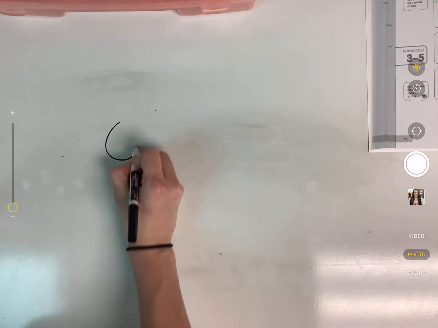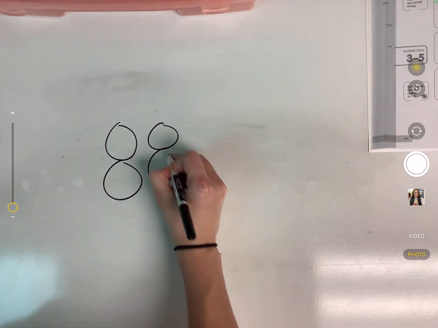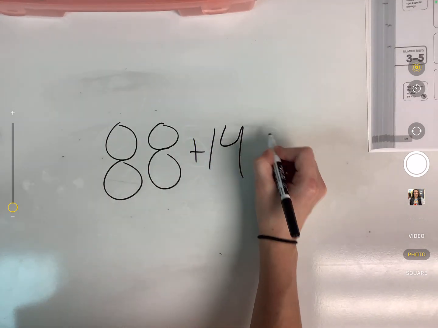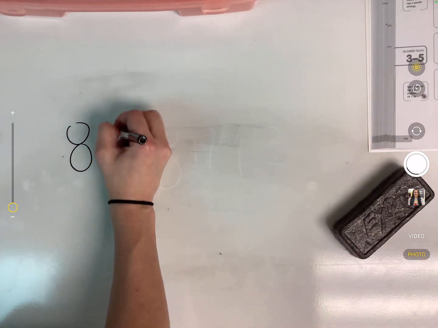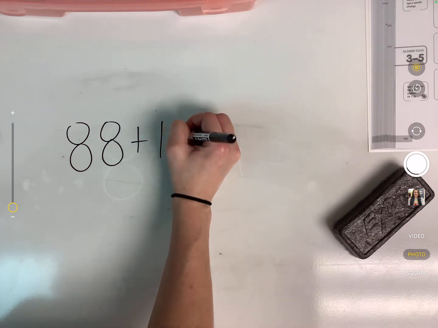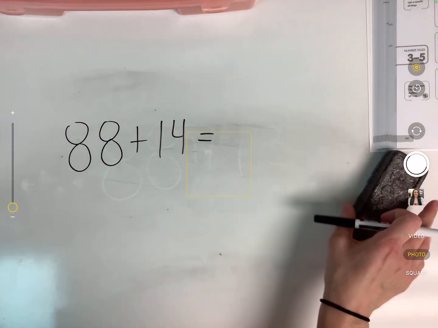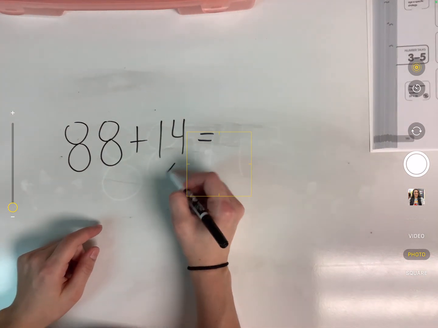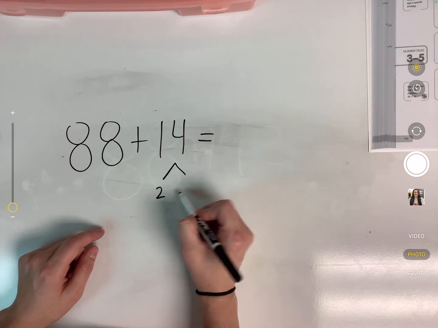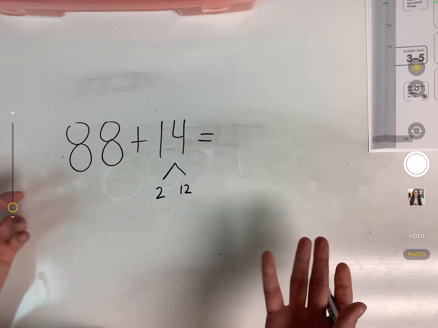But if we move on to a little bit bigger numbers, what if I did 88 and 14? Whoops. That was not my best handwriting. There we go, that's a little better. So I could work with dividing 14 into 2 and 12, right?